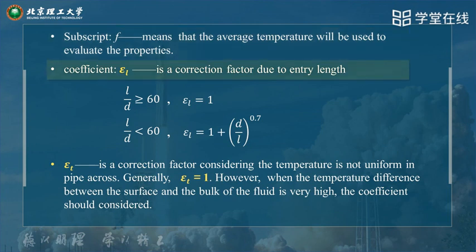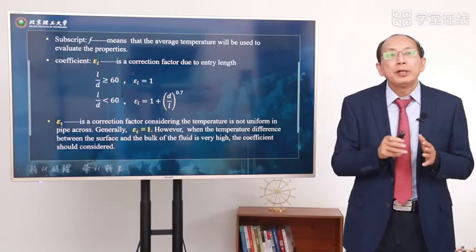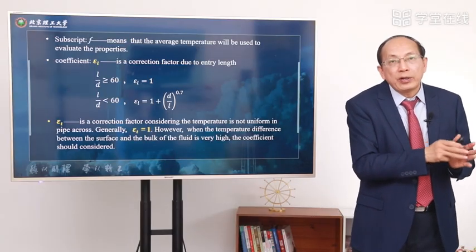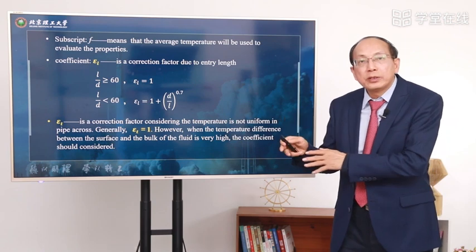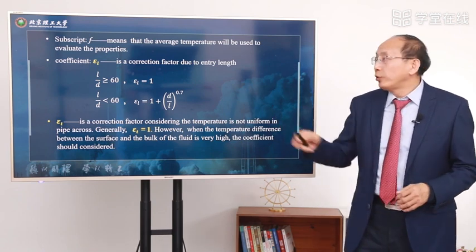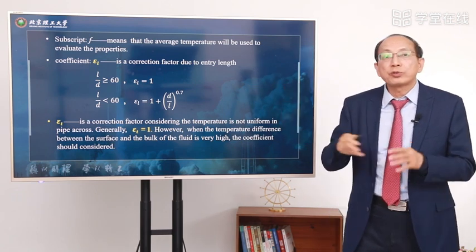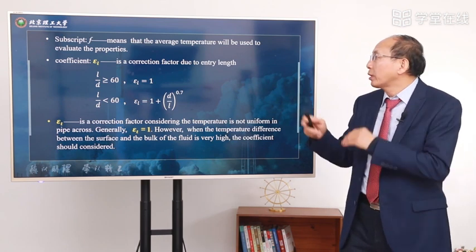Also, the coefficient epsilon L is a correction factor due to the entry length. Maybe it is the enhanced range, maybe it's the developed range. So we use this coefficient to do some correction.